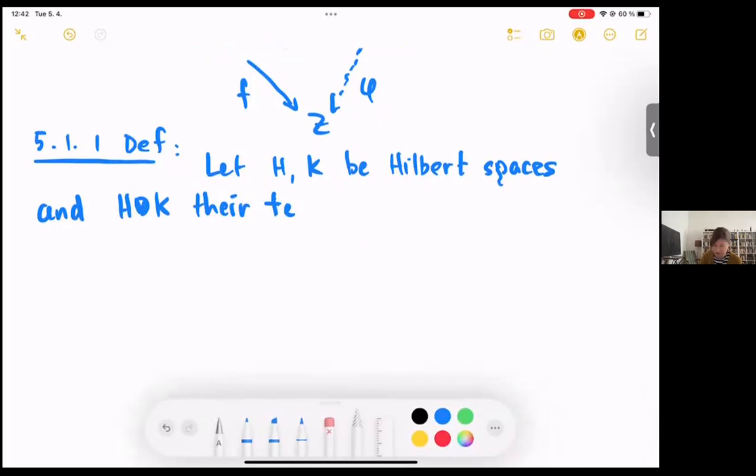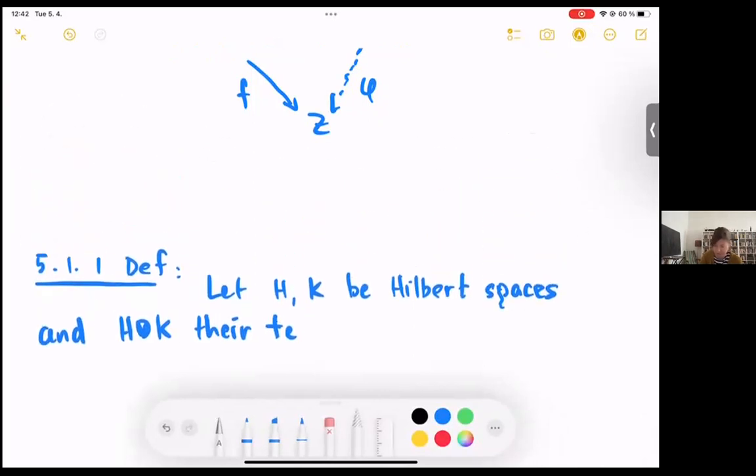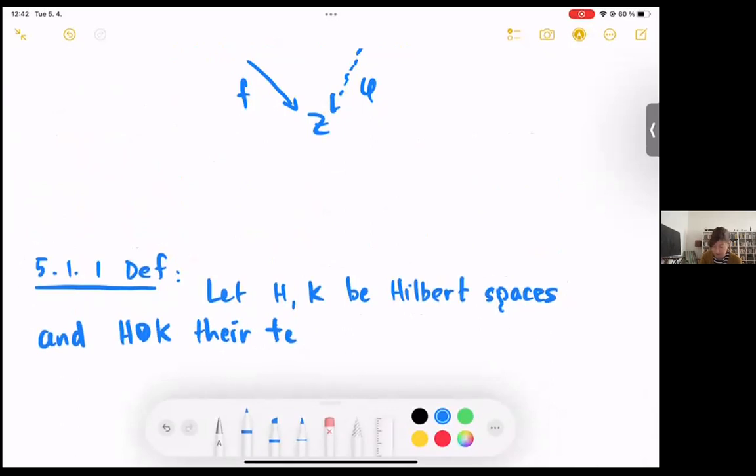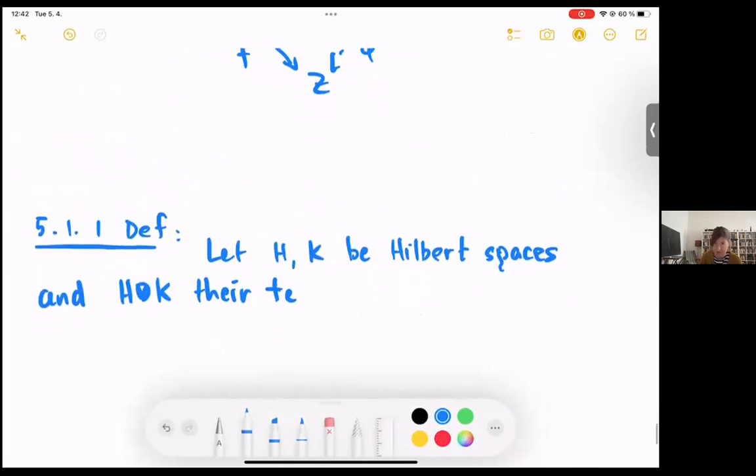So before I do this, it's actually useful to mention, just in case you haven't seen tensor products before, that you can also think of V tensor W as being generated by these elements v tensor w.